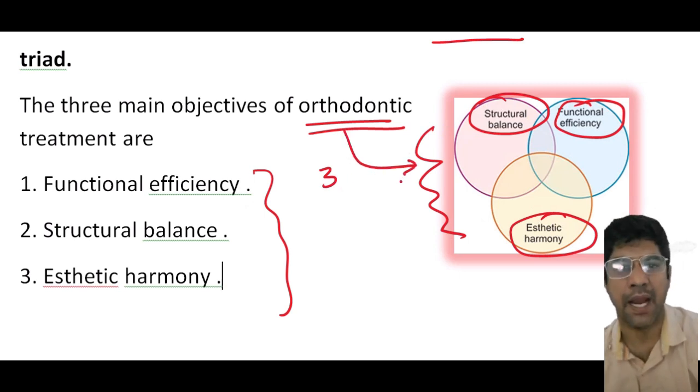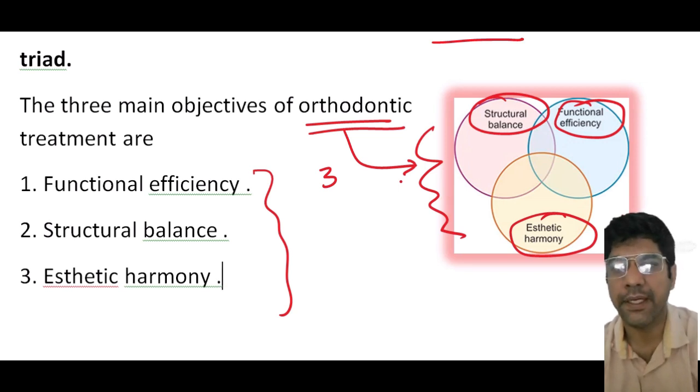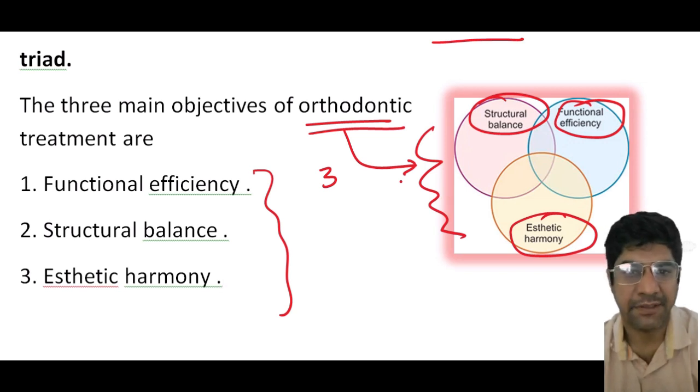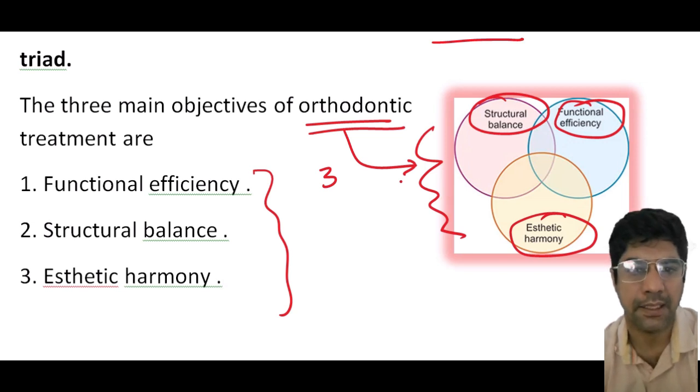So remember, for your entrance exam, functional efficiency: orthodontic treatment aims to improve the efficiency of the functions performed by the teeth, jaws, and associated structures. These functions include biting, chewing, speaking, and overall health.